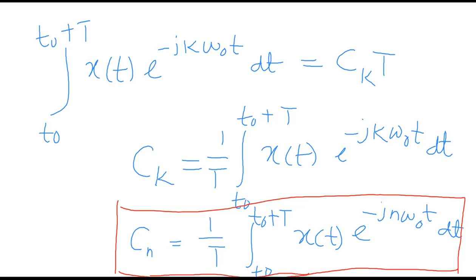The following point may be noted: from the Cn we can draw the magnitude line spectrum, which is always an even function of n, and also the phase line spectrum, which is an odd function of n. This we are going to discuss in more detail in the next class.